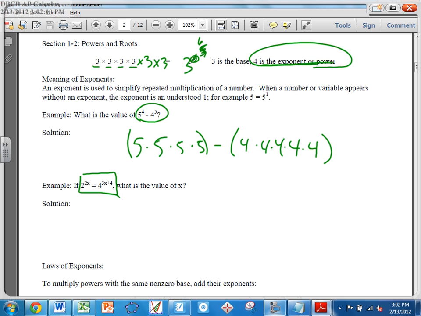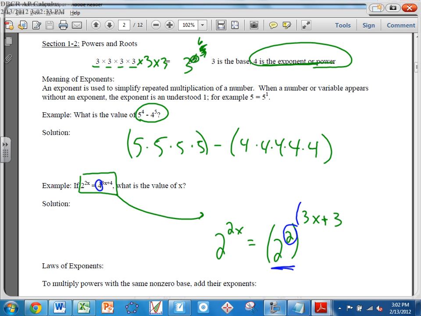So what I can do is this. I can leave the left side as 2 to the 2x, and I can rewrite the right side. Instead of 4, I'll write 4 as 2 squared, to the 3x plus 4. So again, I've taken this value of 4 right here and replaced it with 2 squared. This is a technique that a lot of people don't notice, and it's very simple. Because now, you'll notice that you have a power raised to another power.